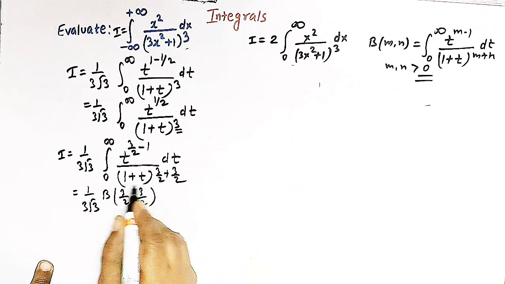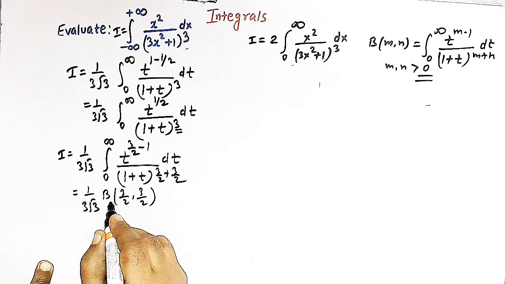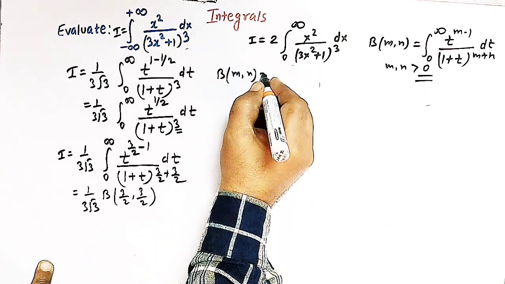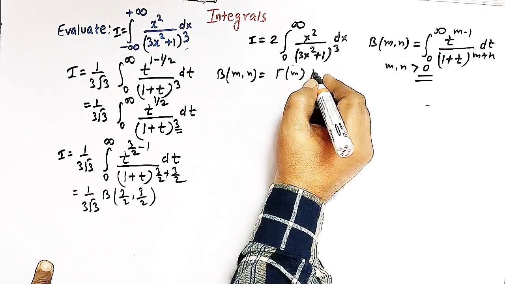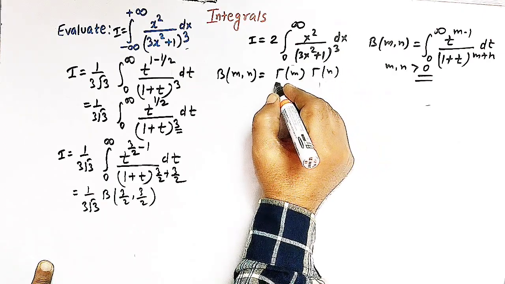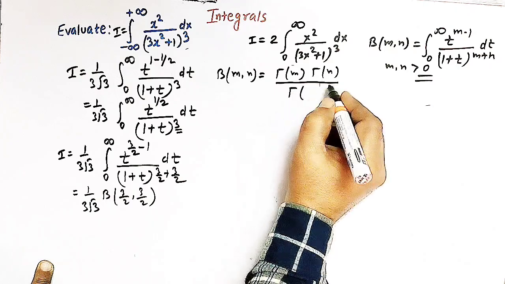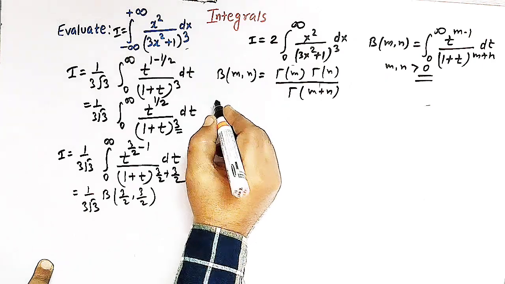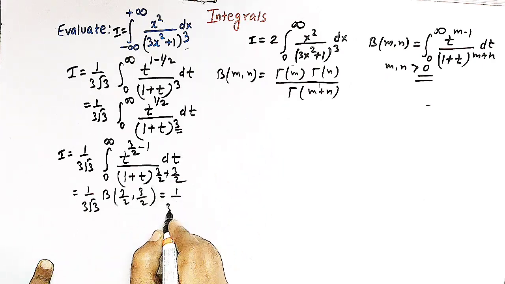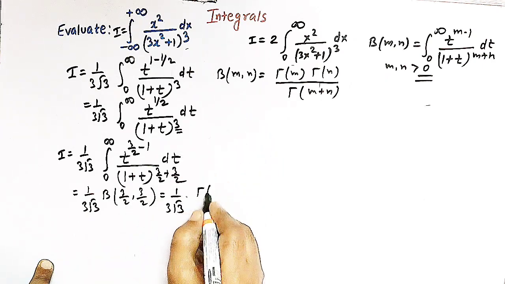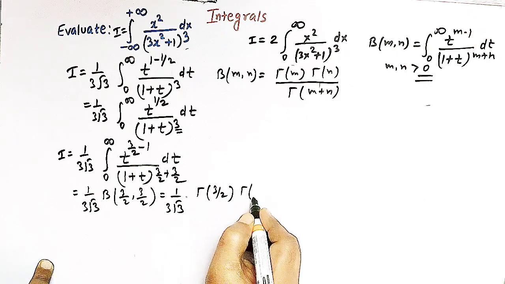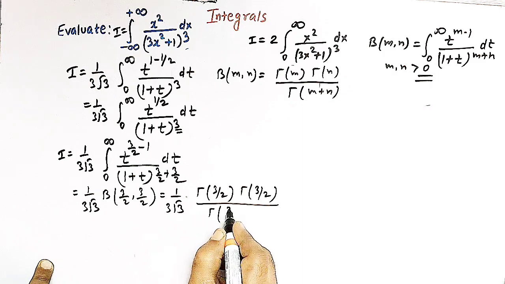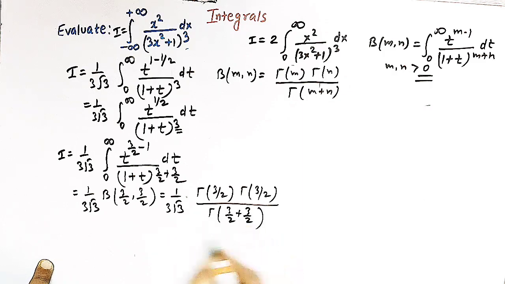So for finding the value of this beta function, we'll use this result, that is beta m comma n is given by gamma m multiplied with gamma n divided by gamma of m plus n, right? So here we can now write 1 over 3 root 3, and then we have gamma 3 by 2, gamma 3 by 2, and in the denominator we have gamma of 3 by 2 plus 3 by 2, right?